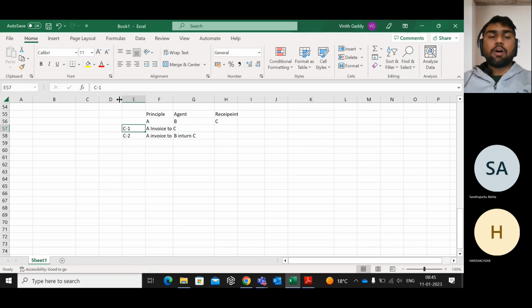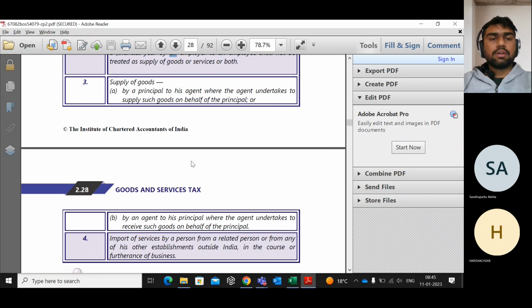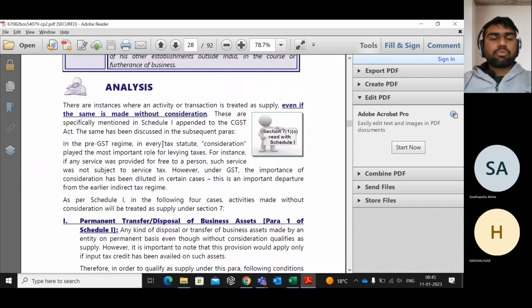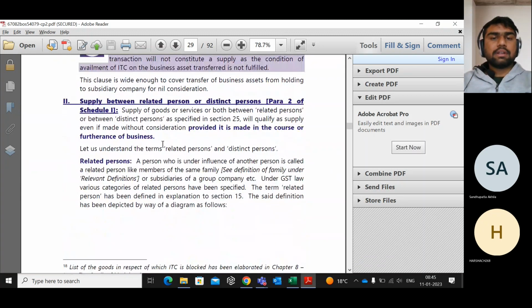But what scenario will come under GST? Scenario number 2, case number 2, where A gives an invoice to B and B in turn gives an invoice to C. Only that type of supply will come here. We will see the details.